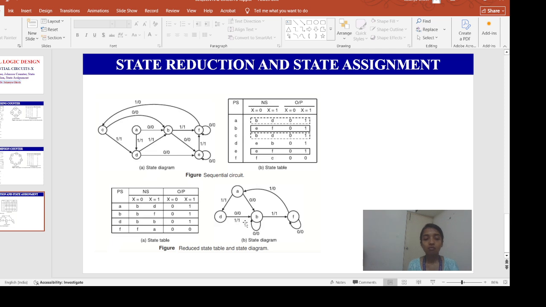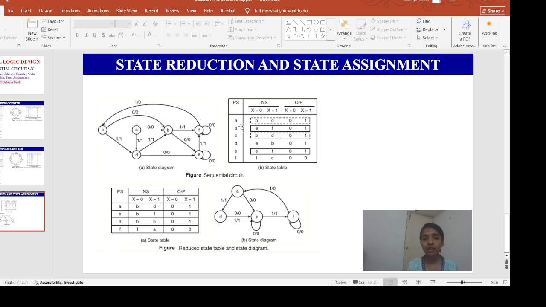There are 2 steps we need to follow here. We need to determine the state table for the given state diagram. This state diagram will be given to you, and we need to find the state table. Then we need to see if we can reduce any states, if redundant states are there.